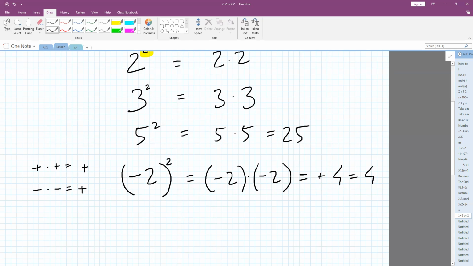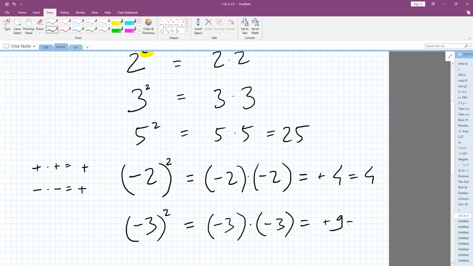Okay. Now what about minus 3 to the power of 2? Equals 9. So this is simply minus 3 times negative 3, and that gives you plus 9, or 9, right?